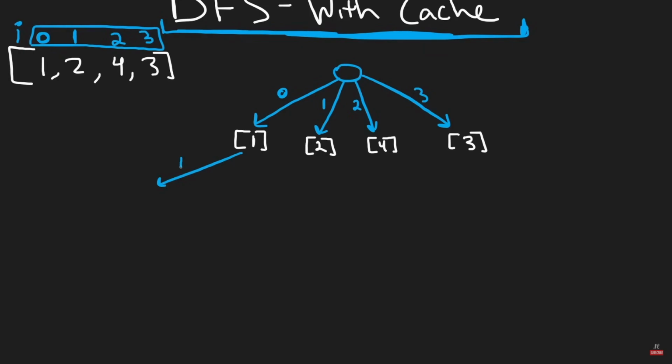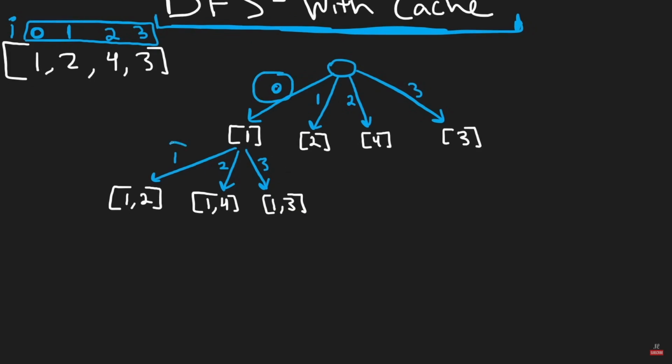So we can go along index 1, index 2, and index 3. And we see that all 3 are possibly valid because all 3 of these values are greater than 1. So we can continue these subsequences. So we know index 1 has value 2, index 2 has value 4, so we can add a 4. Index 3 has value 3, so we can add a 3 to our subsequence that originally was just 1. So now we took index 0 and index 1. So for here, we only have 2 indices that come after these 2 values. So let's continue our decisions. We see that both 4 and 3 are greater than the last value in our subsequence, which is 2. So we can choose both of these decisions. So if we take index 2, then we can add a 4 to our subsequence.